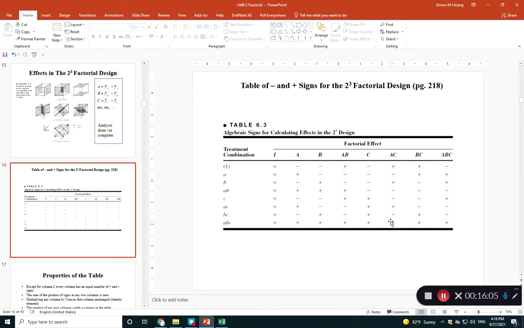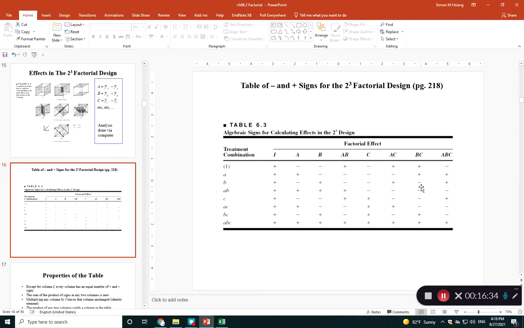When AC are the same sign, it means AC are both low-low or both high-high. Those low-low, high-high are positive. And if they are one low, one high, they are not a coordinated effort, then they are negative. So you can consider what's positive and what's negative in two-way interactions: coordinated effort versus contrast, non-coordinated effort.